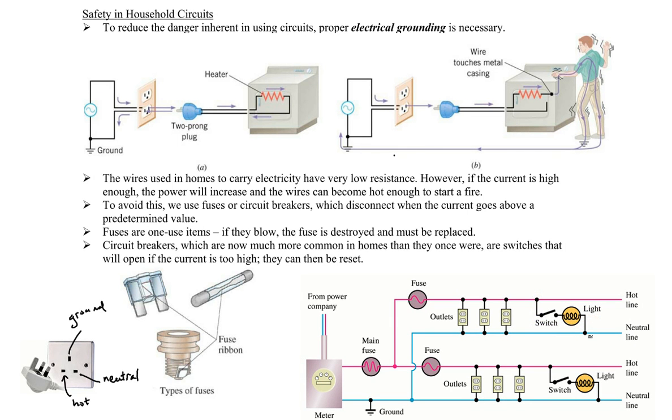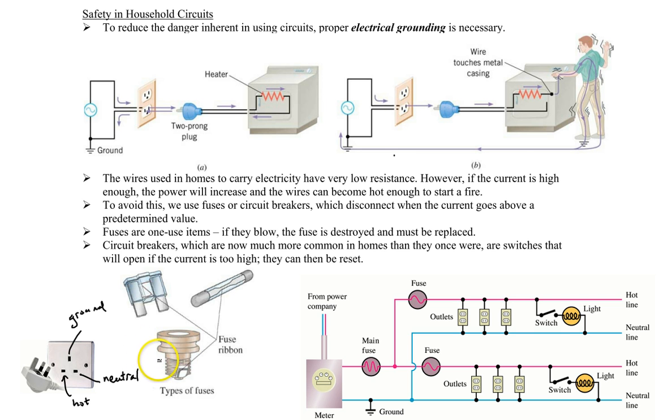Most modern house wiring systems have 2 hot lines with opposite polarities, so that you could achieve, for example, 240 volts if you wish in the United States. So you'll notice that some of the bigger appliances in a typical American home will operate at 240 volts because you may have a 120 volt line and another 120 volt line in opposite polarities.